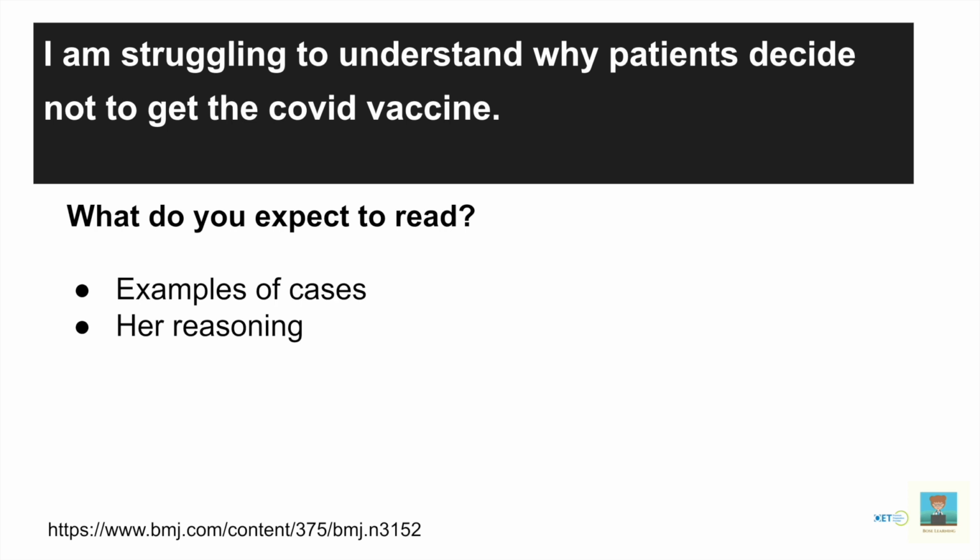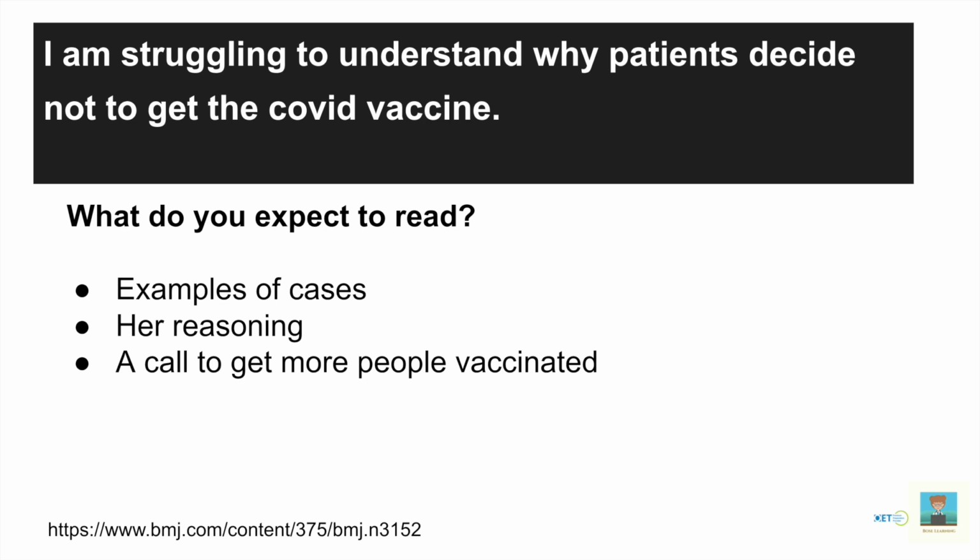Why is she finding this so hard? What's her thinking behind it? We may also see something like a call to get more people vaccinated. So she's saying, please come on, get vaccinated, everyone. Those are the kinds of things I'm expecting, and that's all just from reading the title here.